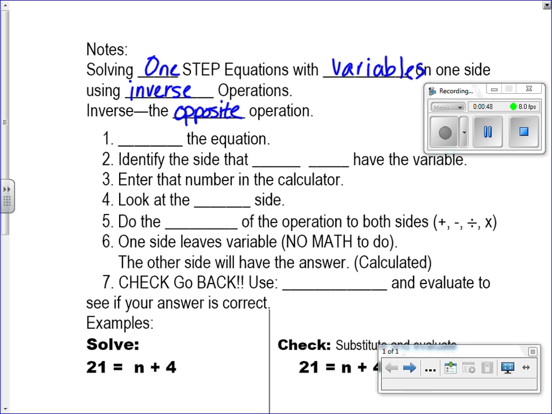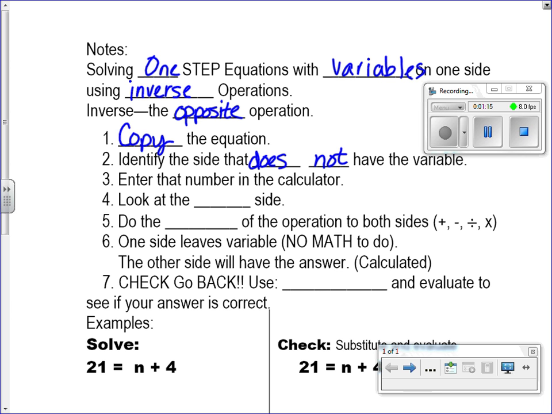So step one is going to be to copy the equation if you don't have enough space to do your work. Identify the side that does not have the variable, and you enter that number in the calculator.